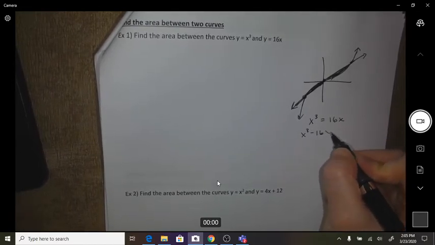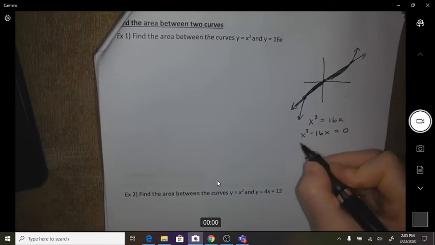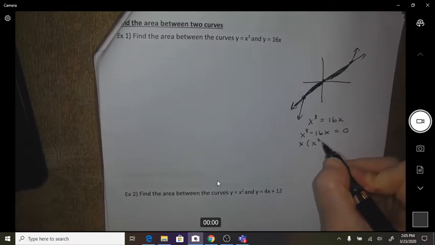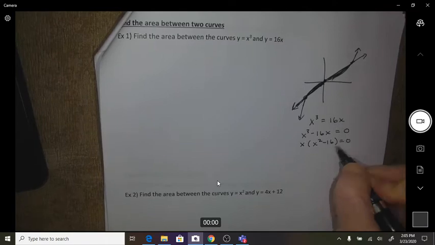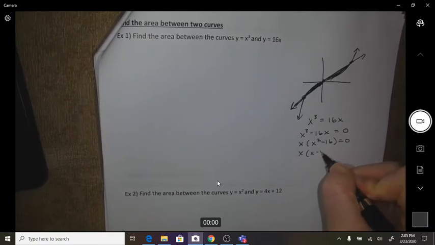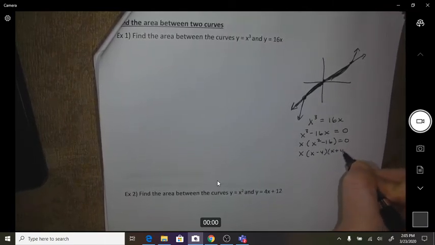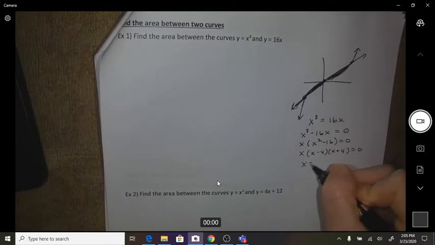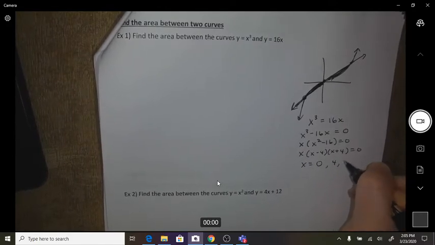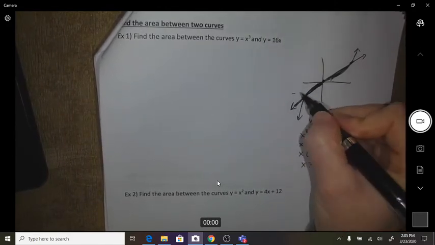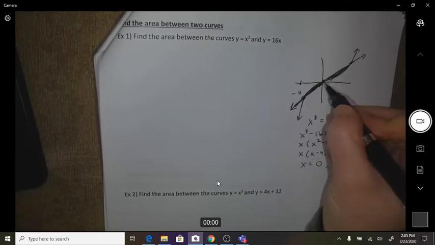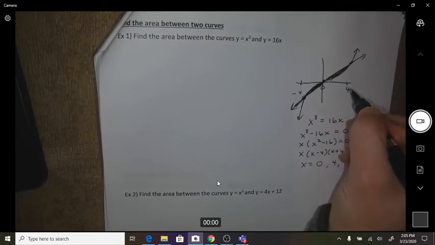So I'm going to move it over instead, and then I'm going to factor. And then I get that these are equivalent to each other at -4, at 0, and at 4.